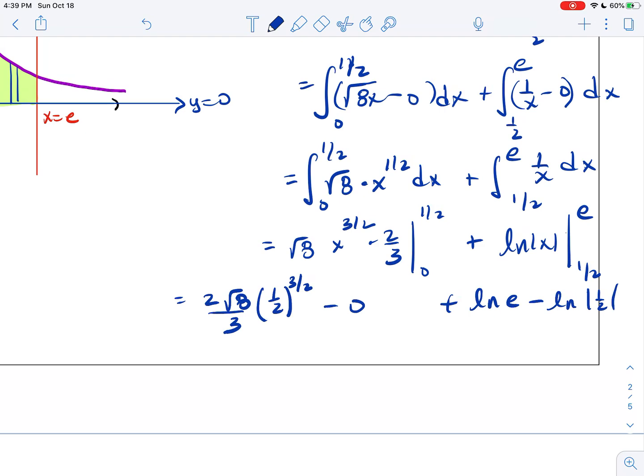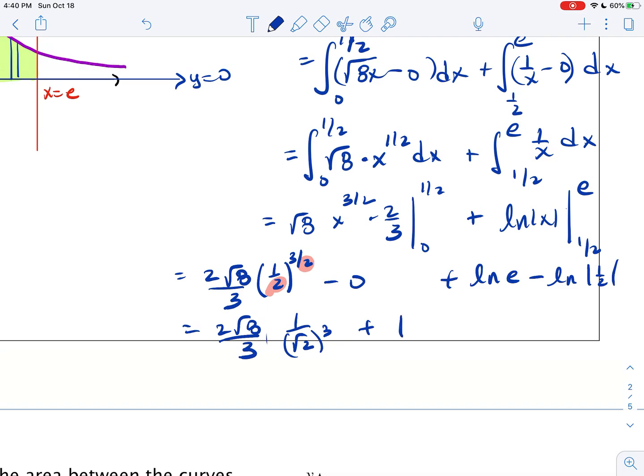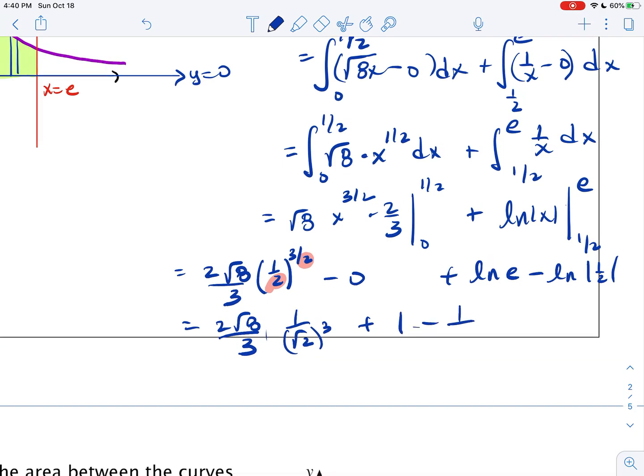And if you want to calculate that value of the 2 times root 8 x to the 3/2 over 3, you can rewrite this as 2 root 8 over 3, and I tend to take the square root inside, and I'm going to say that that is 1 over root 2 cubed, or you can even say that this is to the cubed power, and then we have ln of e is equal to 1, and we have the ln of 1/2.